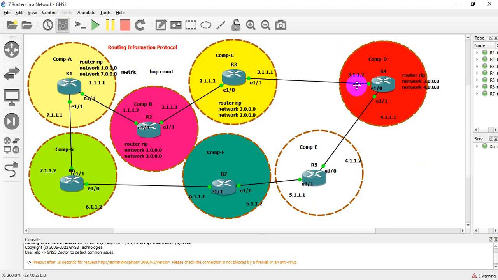And if you configure routing information protocol in company E, so how? Write these commands in company E. First write router rip, and then write the connected networks which are 4 and 5. So this is 4 and this is 5.